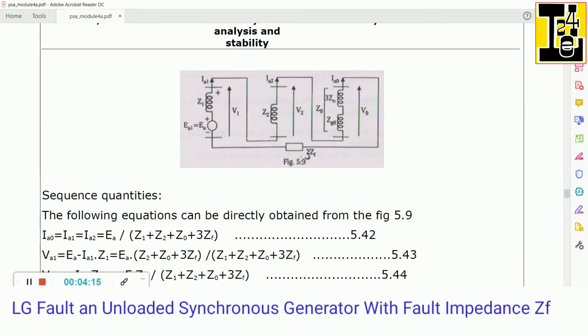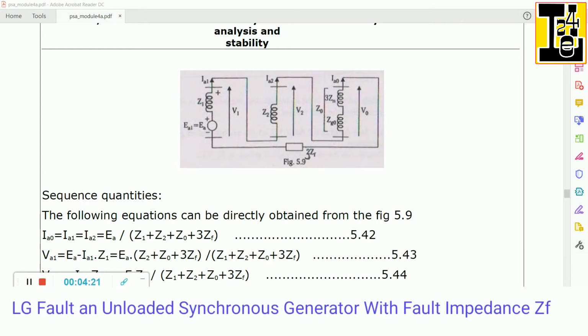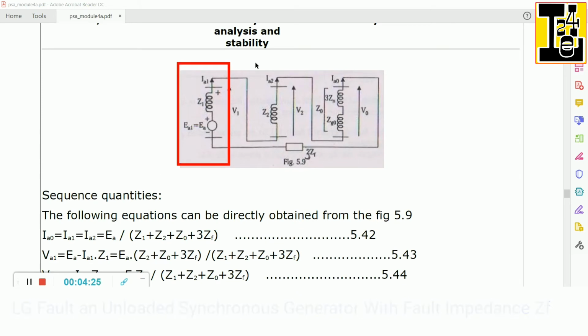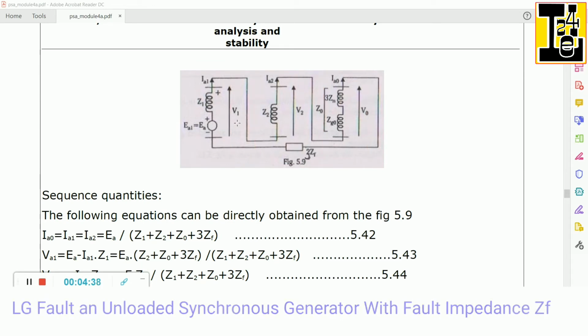Therefore, these equations suggest a series combination of the sequence networks through an impedance 3ZF. So this is what we can write: the positive sequence network, the negative sequence network and the zero sequence network of a synchronous generator are connected in series via an impedance of 3ZF.